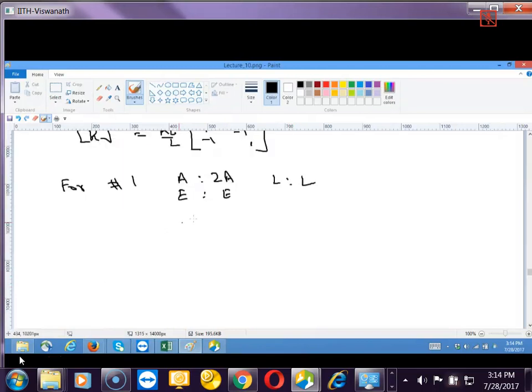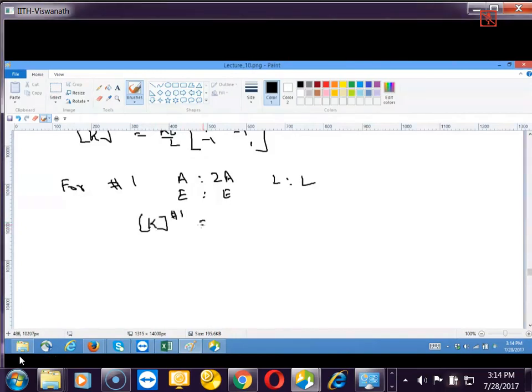So my K for element 1 is given as 2AE by L [1 -1; -1 1].